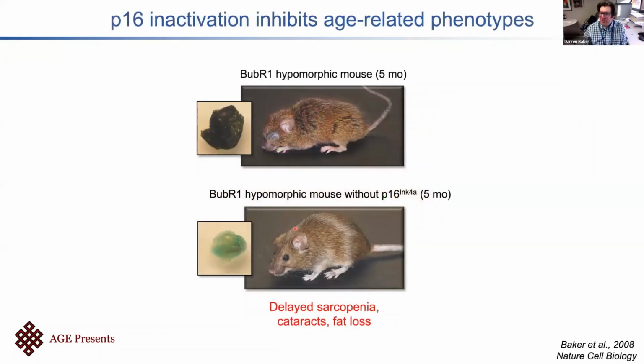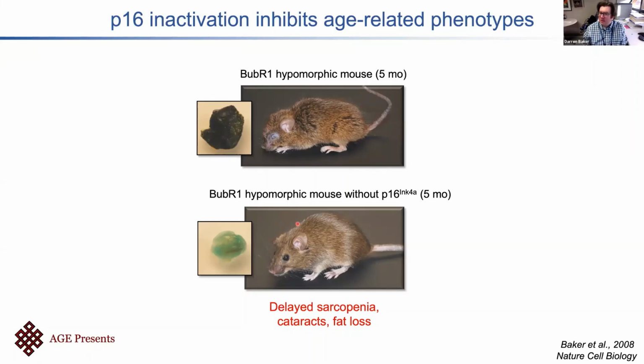One of the mice that we made was a mouse that had a knockout of P16. As I mentioned, P16 knockout animals develop this cancer phenotype. But what we found is when we made mice that expressed low amounts of BUBR1 and no P16 expression, we saw an attenuation of these age-related pathologies in the eye, skeletal muscle, and adipose tissue.